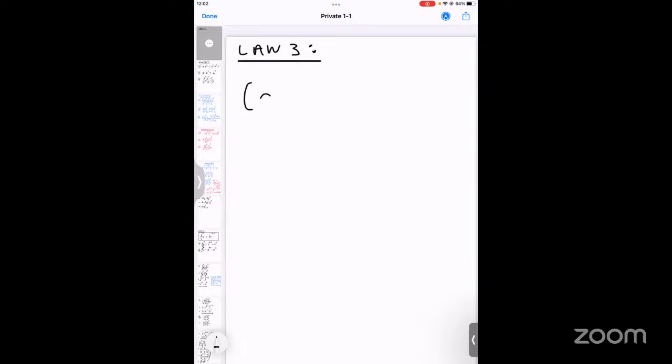If you have a base, maybe let me use a letter B, which stands for a base, and then let's say we have an exponent m, we close, we've got exponent n. The law says this will be equal to, very simple, Langelihle.